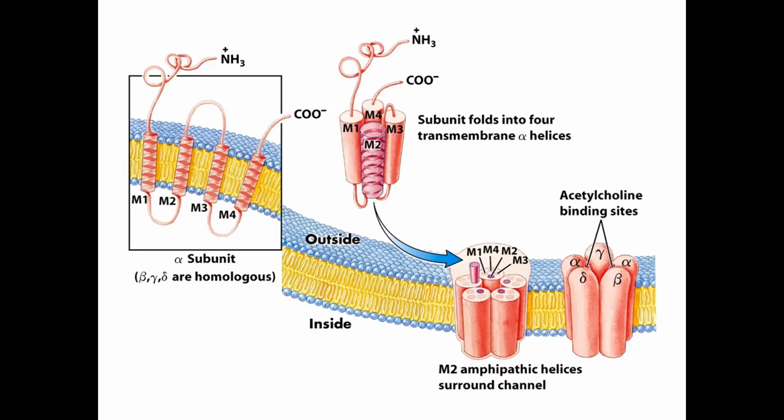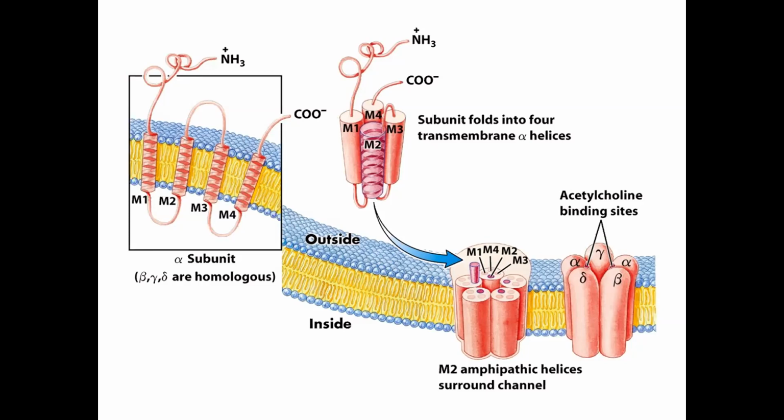And as you can see, the two ends both stick inside the cell. And the subunits have a lot of similarities in some ways. Now, the acetylcholine binds in between the alpha and the delta and the alpha and the beta subunit.